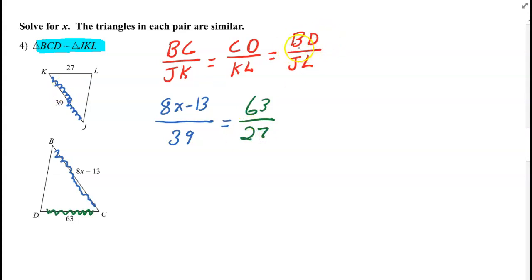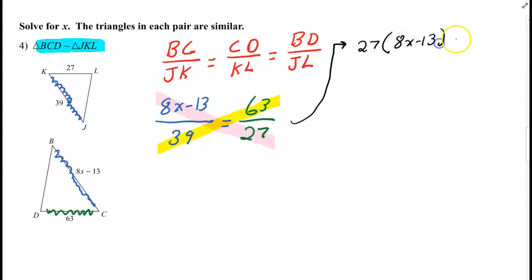So at this point I'm going to stop. I don't need BD and JL, and I'm again going to cross multiply. So I'll multiply those two that I highlighted in pink and those two in yellow, and I'm going to move up here. So I'm going to write 27 parentheses 8x minus 13 is equal to 39 times 63.